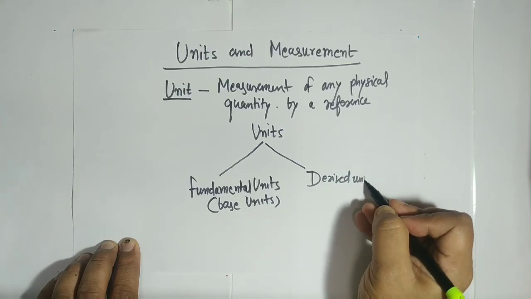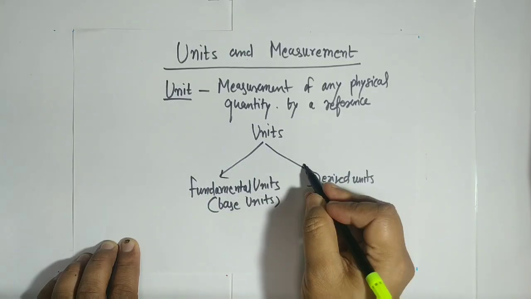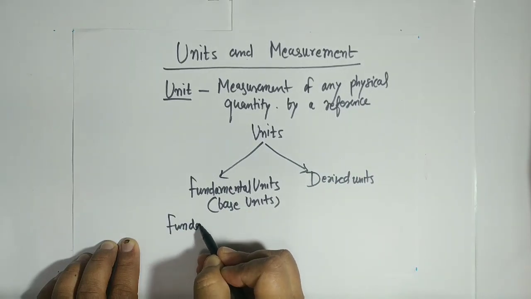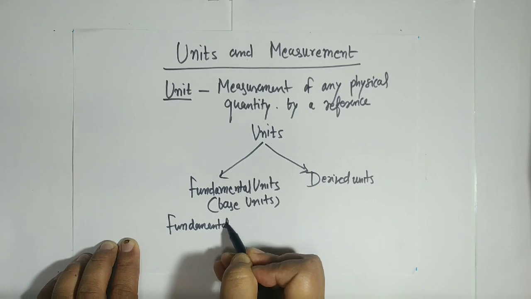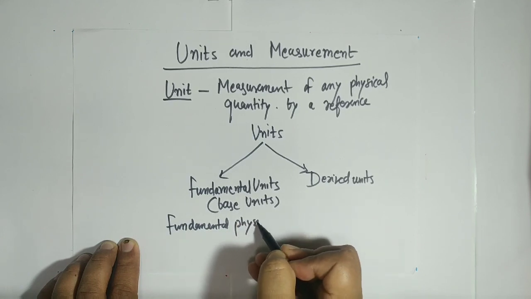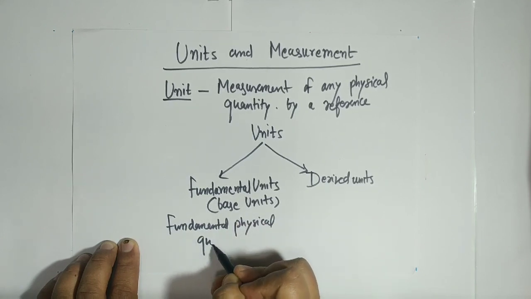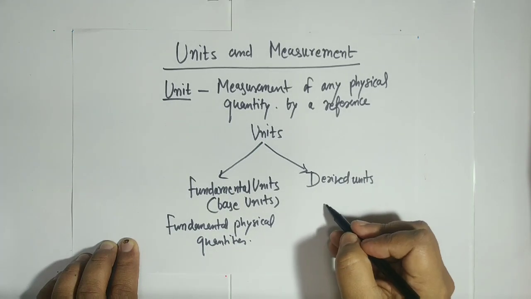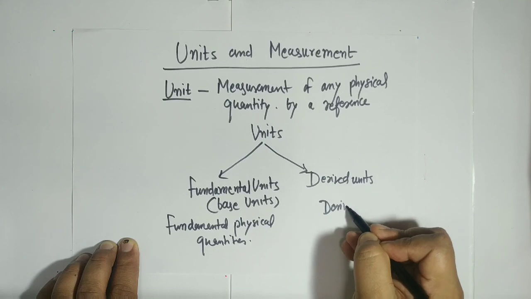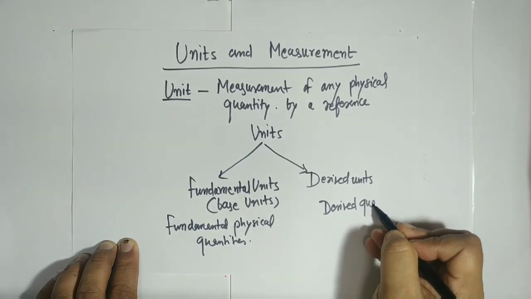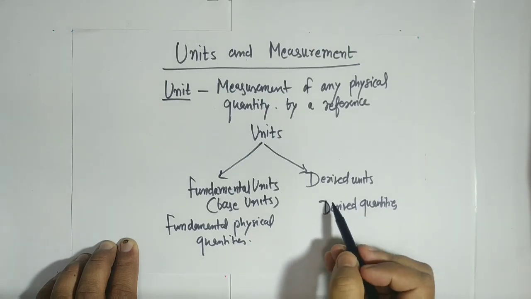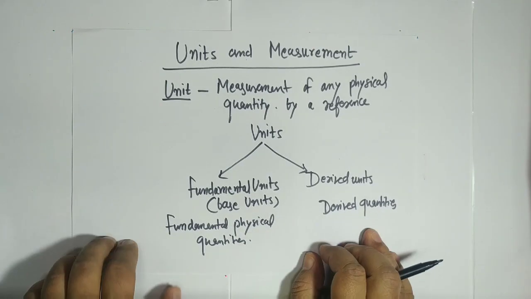Fundamental units are used for fundamental quantities, and derived units are used for derived quantities. Actually, derived quantities come from the fundamental only.